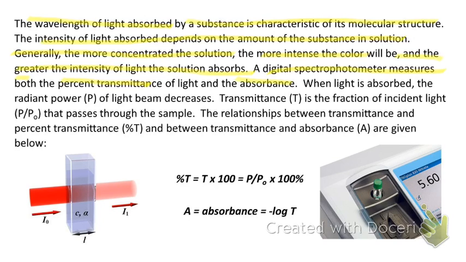All right, so the transmittance is the fraction of incident light, the power over P sub O, that passes through the sample. Let's look at this. We know that I sub O is the initial intensity. We can also look at I sub O as P sub O, the power. This means the same thing.